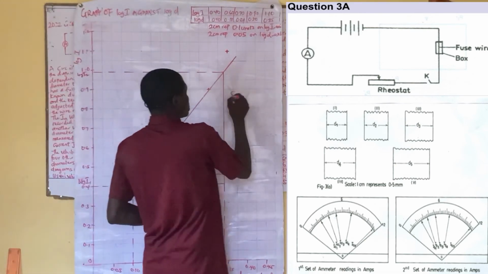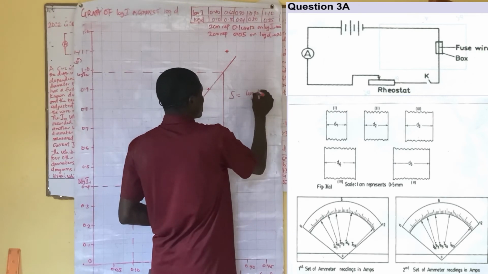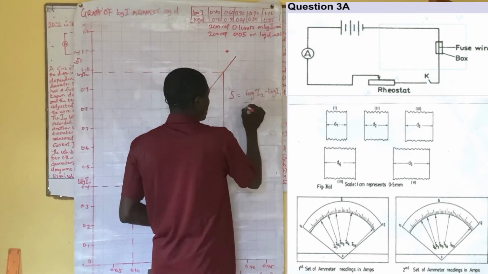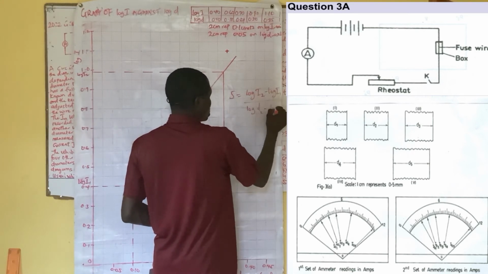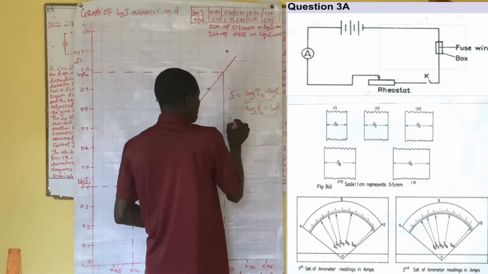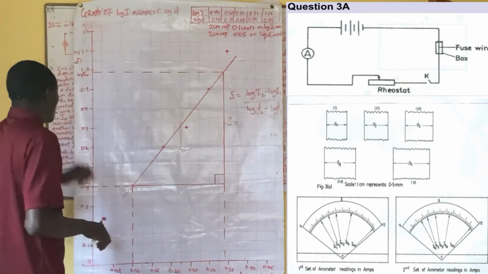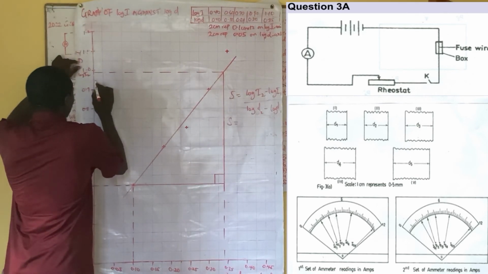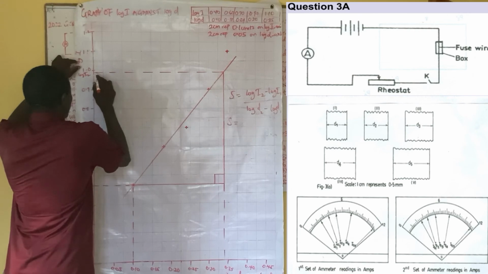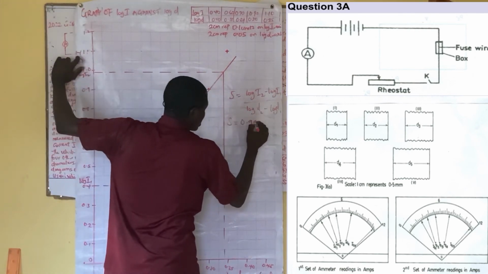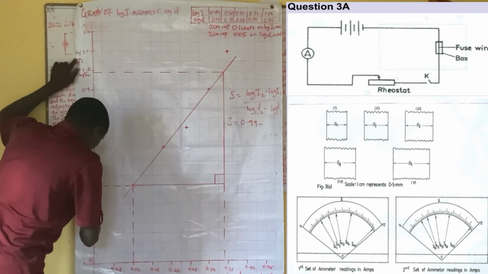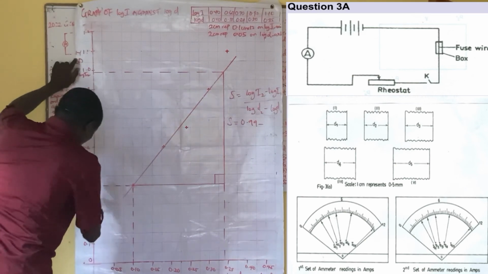So we have slope equal to log I2 minus log I1 over log D2 minus log D1. So the slope will now be equal to what? Log I2 is 0.99, minus 0.40, 0.40.